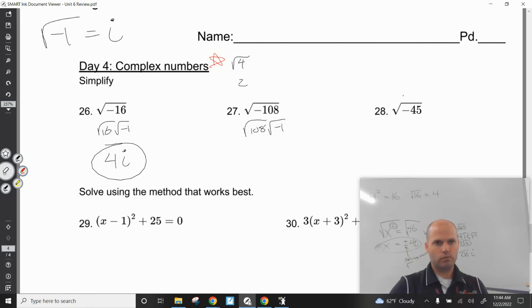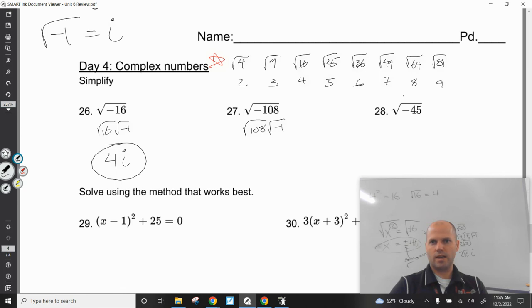Root 4 is 2. Root 9 is 3. Root 16 is 4. Root 25 is 5. Root 36 is 6. Root 49 is 7. Root 64 is 8. Root 81 is 9.